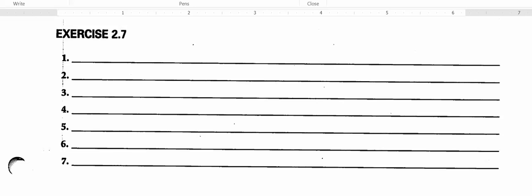Looking at number 2, it looks like we are showing $7,600 going out of our cash account, and we are showing $7,600 in our equipment account. So it looks like we purchased equipment for cash. That's pretty easy.